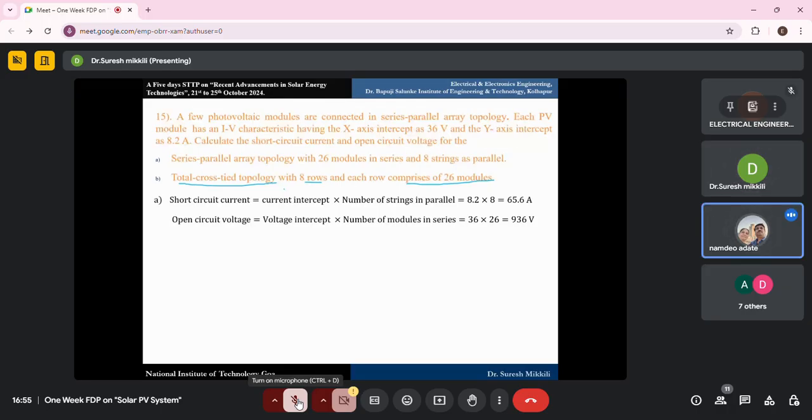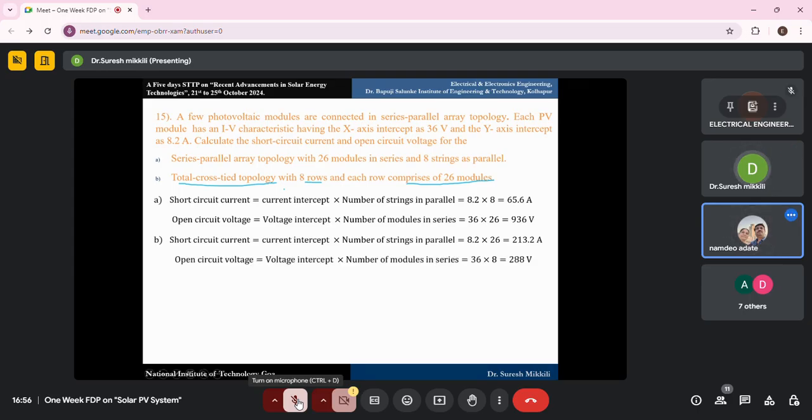Current. 213 ampere. How much you multiplied, sir? 26 into 8.2.